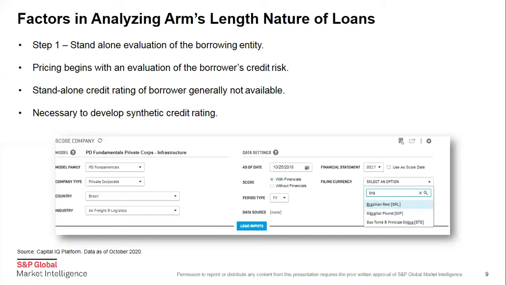We can go back in time, which is critical, and especially when you are under audit, you need to go back and recreate the results exactly as determined at the point in time in which you are making the initial assessment. And we have all of the currencies available on a global basis in order to assess the currency risk cross-border and within the country itself on the ability to make the payment back to the parent.